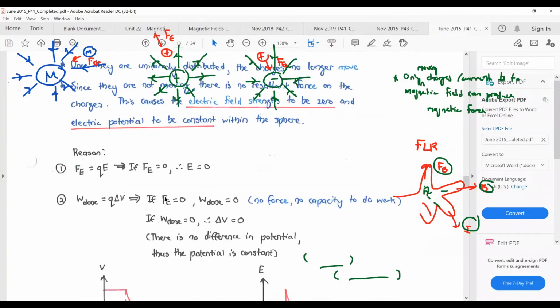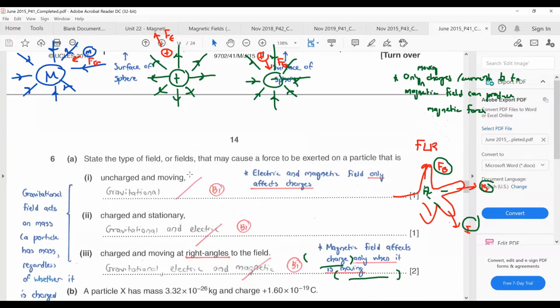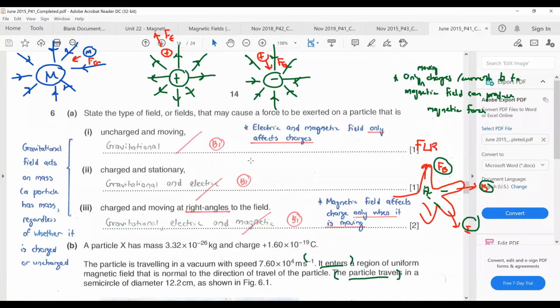They're asking you to state the type of field or fields that may cause a force to be exerted on a particle that is uncharged and moving. Now, a particle here already implies it has mass.